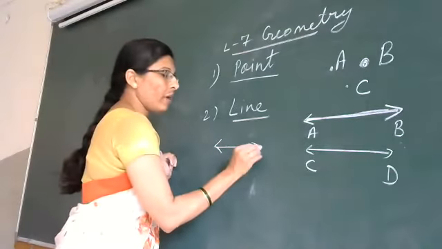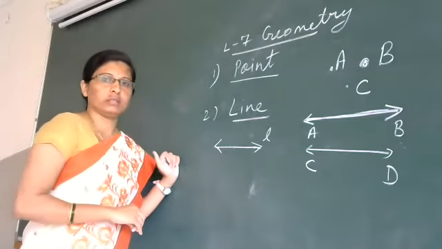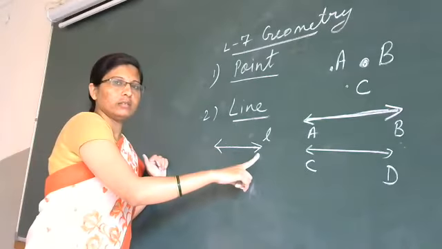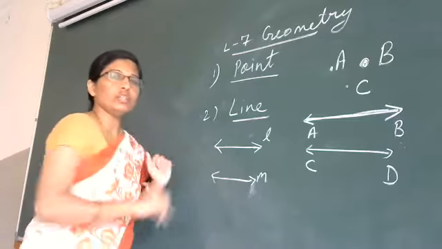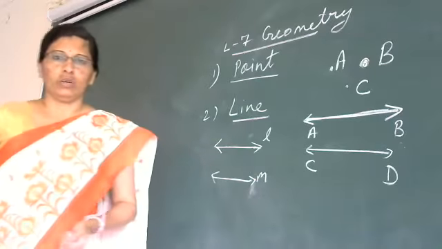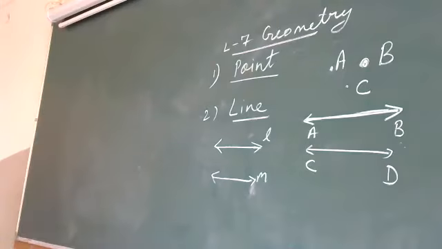When you are taking a small alphabet, you have to take only one. Line L or line M. Any small letter we can take. Okay? Or any capital alphabet we can take.